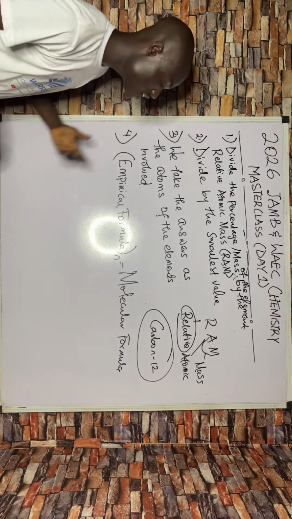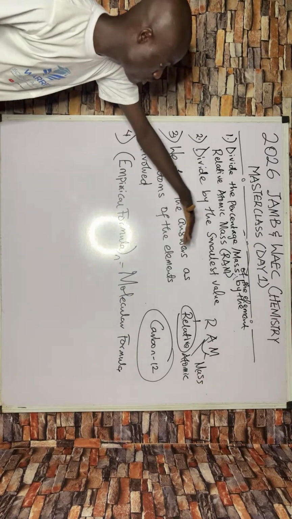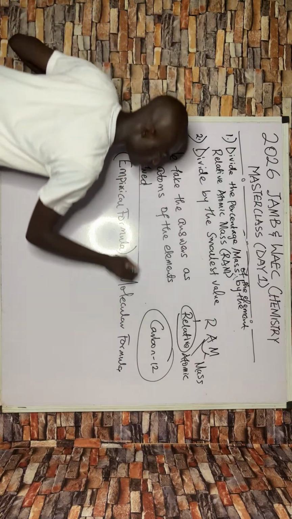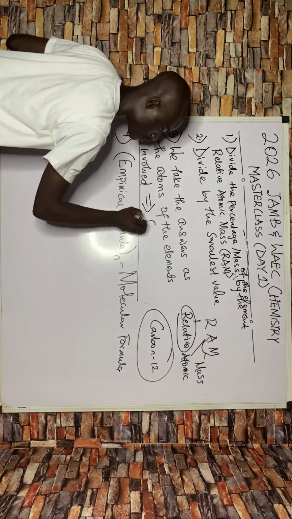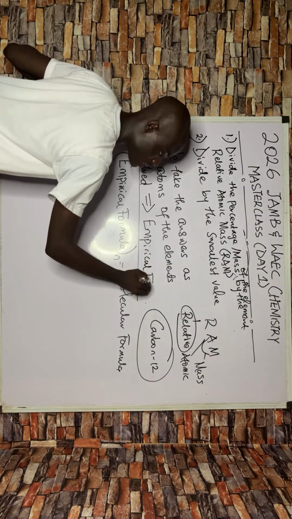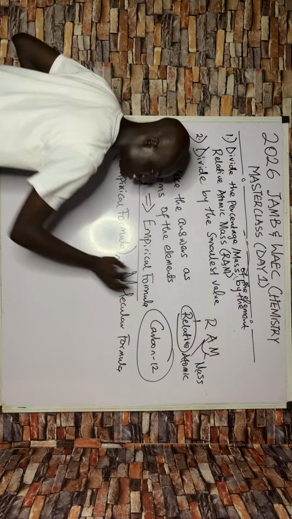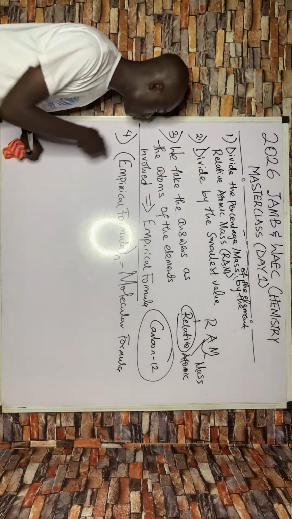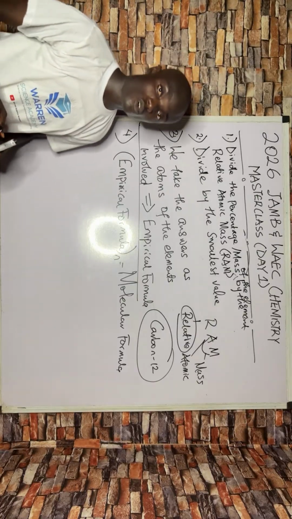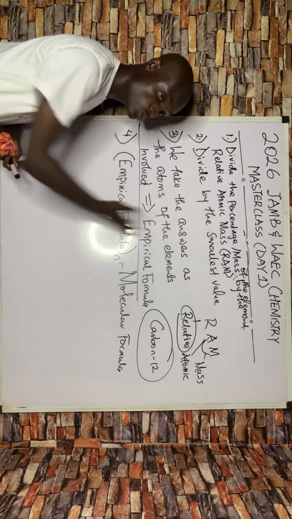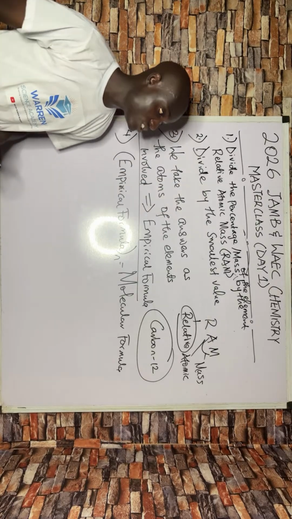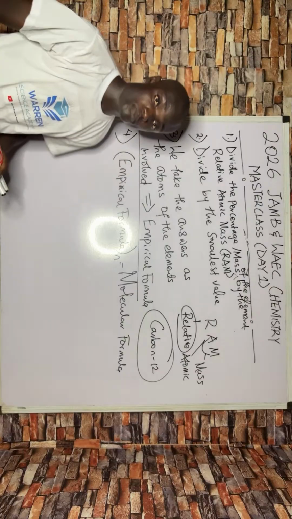And thereafter, if we must calculate the molecular formula, we can now move from step 3 to step 4. But at step 3, what you have gotten is your empirical formula. So if the question tells you to calculate the empirical formula, you are simply going to stop at step 3. But if the question asks you to calculate the molecular formula, you are going to move from step 3 to step 4. So if you are watching this video, I expect you to take note of this, as I'll be taking this off the board so that we can attempt some Jamb chemistry questions on this topic.